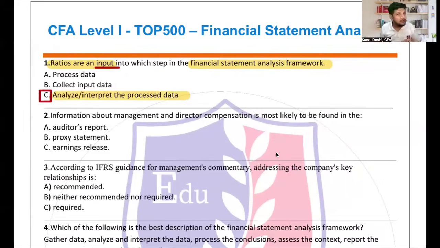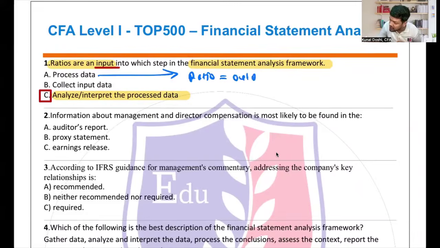But some students have a problem: sir, isn't it processing the data? Yes, in processing, ratios are calculated. But remember, in processing, ratios are output. They are the final result. So we do calculate ratios in the processing step, which is by the way step number 3. But in that, it's an output.